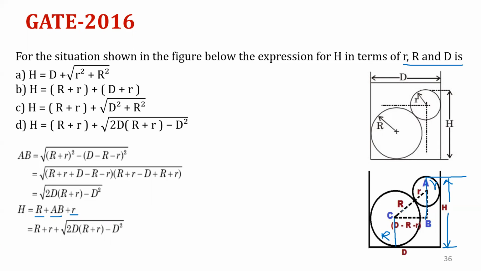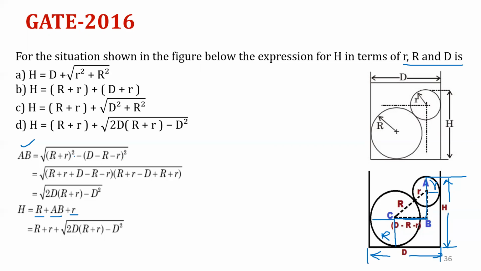So how do we calculate AB? As you know, AC is capital R plus small r, and AB you want to find out. This AB is equal to (capital R plus small r) whole square, that is the hypotenuse square, minus, what is this? This length is small r, this is capital R, and the total is capital D. So capital D minus capital R minus small r, whole square.